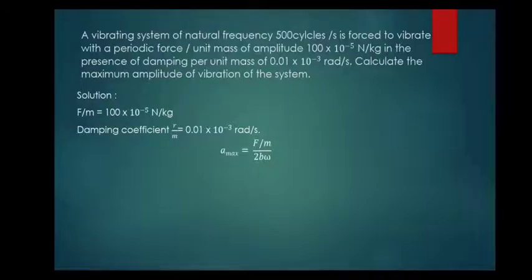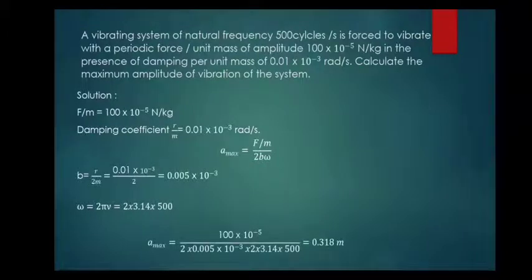So our equation for maximum amplitude becomes F by M divided by 2b into omega. b is equal to R by 2M. So R by M is given as 0.01 into 10 to the power minus 3, divided by 2 you will get 0.005 into 10 to the power minus 3. Omega is equal to 2 pi nu, 2 pi into nu, where nu is 500.